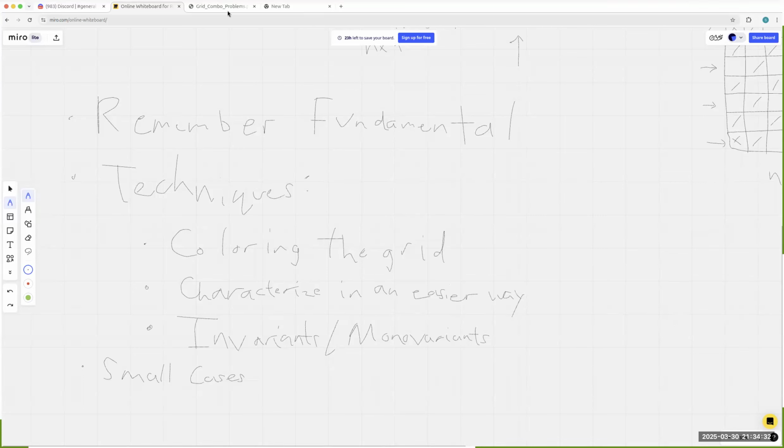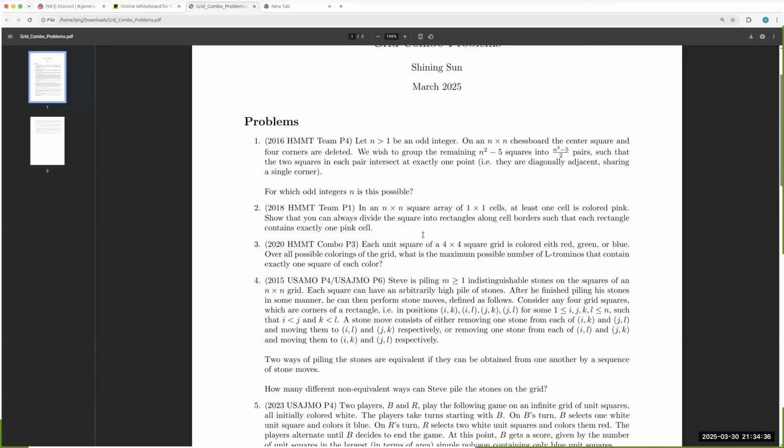I feel like this gets easier with experience. Over time, as you gain exposure to more types of grid combo problems, you'll start to build an intuition for them. You see a problem and you're able to see what will work and what doesn't. But that will only come with experience.